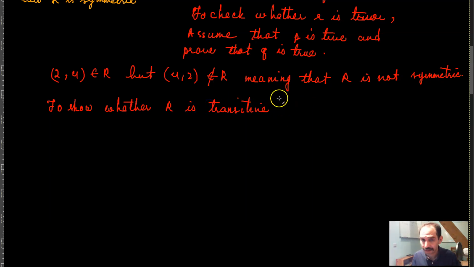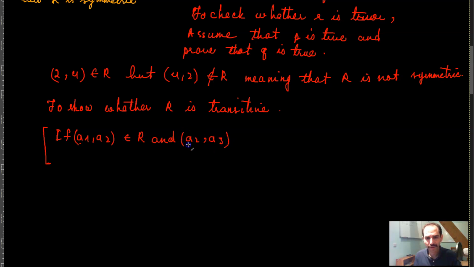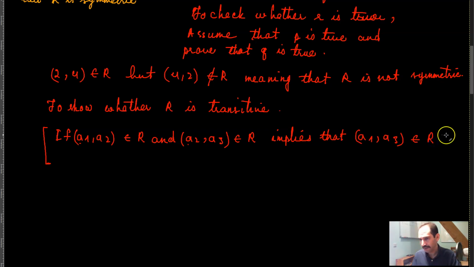So basically the condition for transitivity of R that we use is that if A1, A2 belongs to R, and A2, A3 also belongs to R, implies that A1, A3 does also belong to R, for all A1, A2 and A3 belonging to A, right? So that is the condition that we use.